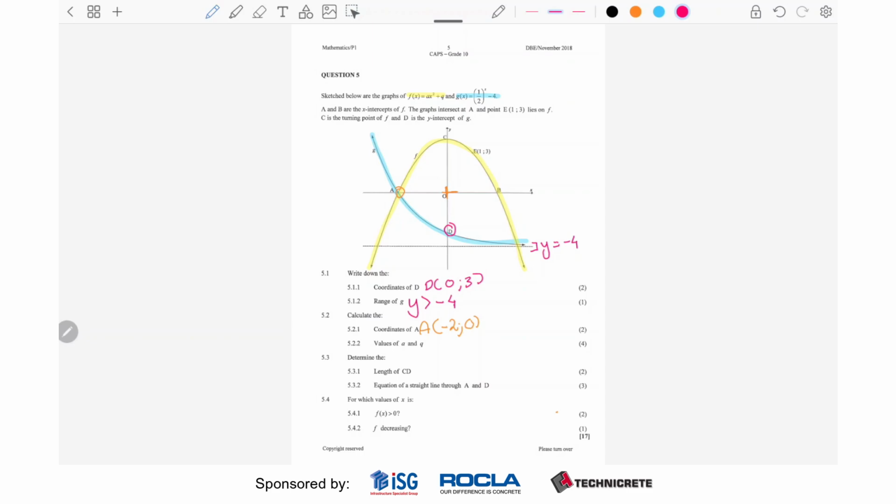Now they want us to calculate the values of a and q for the graph f of x. So we know this is a simple case of finding the equation of a parabola. So we first know a normal formula is f of x is equal to a x squared plus q.